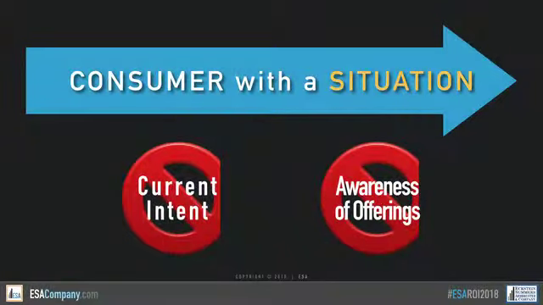So what we're looking at with impulse is a consumer with a situation that maybe doesn't have any current intent. Were you actively shopping for a MyPillow? This morning, you heard about stem cell, and they said they had some challenges with pay-per-click. Is anyone actively searching for stem cell therapy? No. They may be actively reviewing or looking for information on alternatives to surgeries.